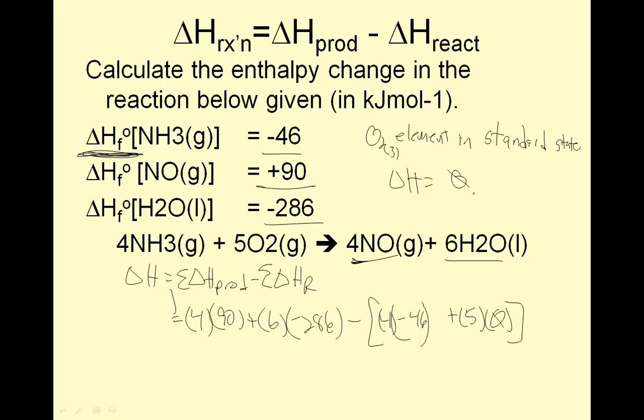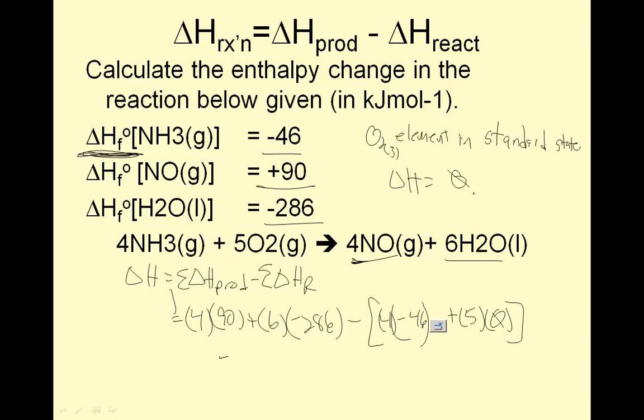So then I get out another calculator, I hope. Well, then I'll just do the math and hope for the best. Oh, here's calculator. So then I would do 4 times 90 plus quantity 6 times negative 286.